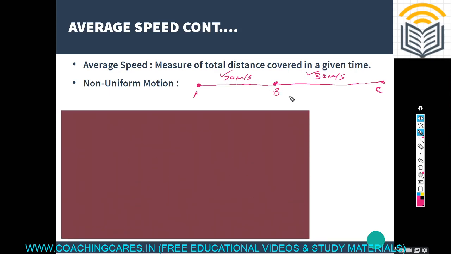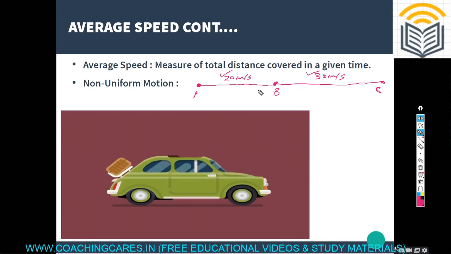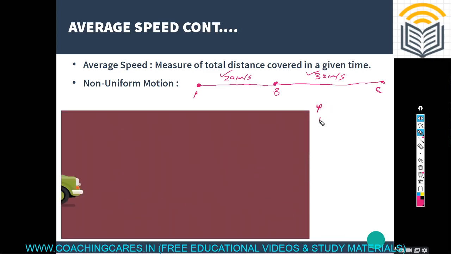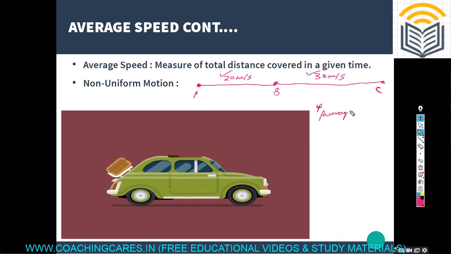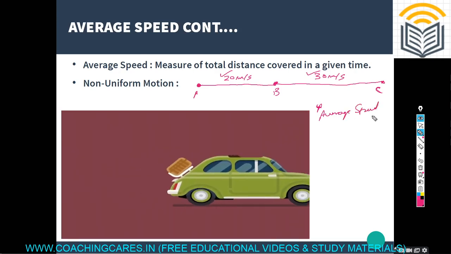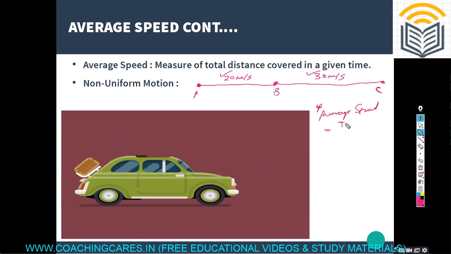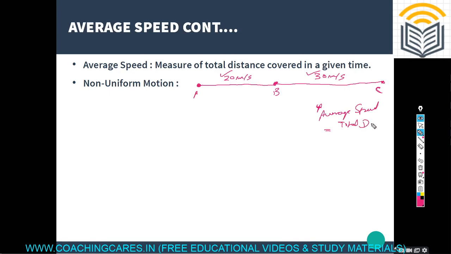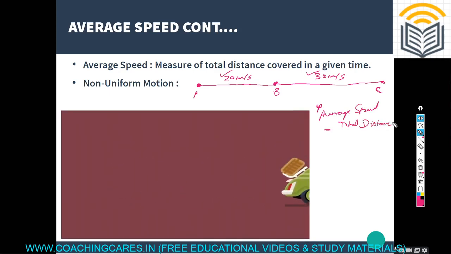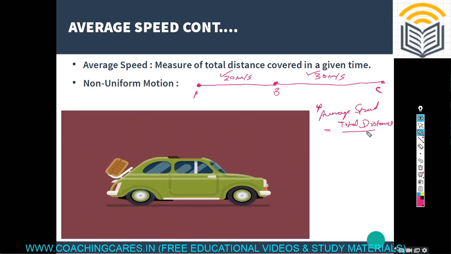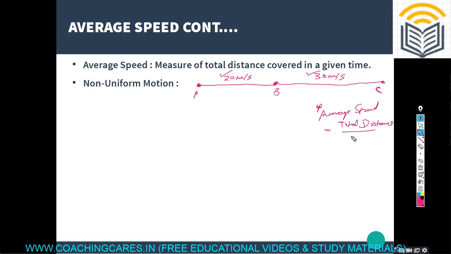The average speed of the car will be equal to total distance covered divided by time taken.